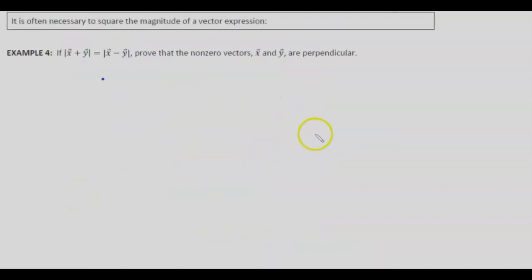Okay, it's often necessary to square the magnitude of a vector expression. Okay, so here is an example. So example 4, if the magnitude of vector x plus vector y equals the magnitude of vector x minus vector y, prove that the non-zero vectors x and y are perpendicular.